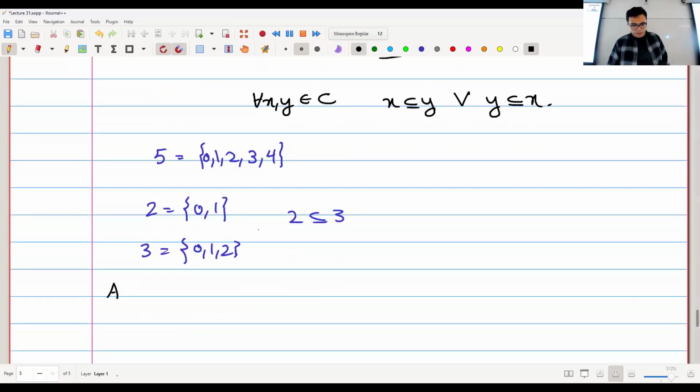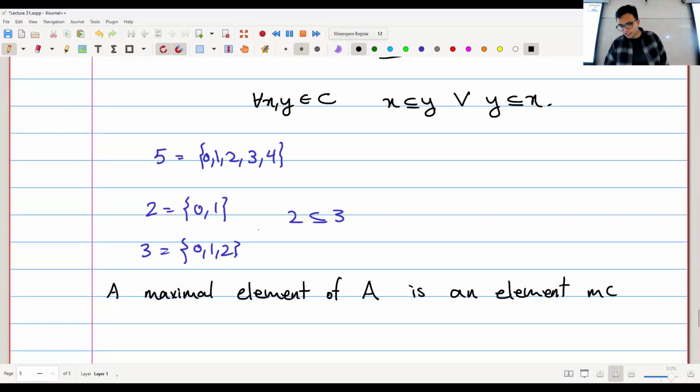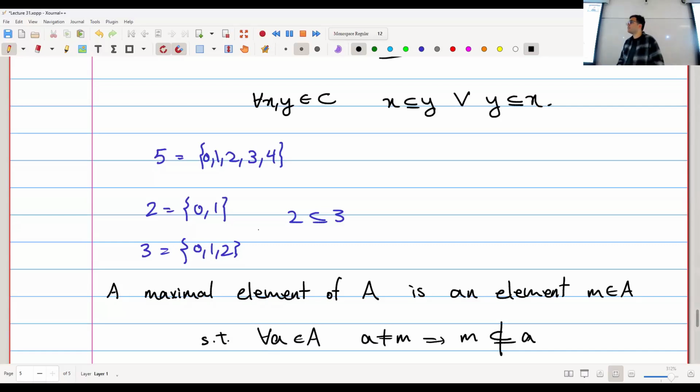I say if A is a set, a maximal element of A is an element, let's call it M, in A, such that for every other element, let's call it A in A, if A is not the same as M, then M is not a subset of A. So a maximal element is an element that is not a subset of any other element.